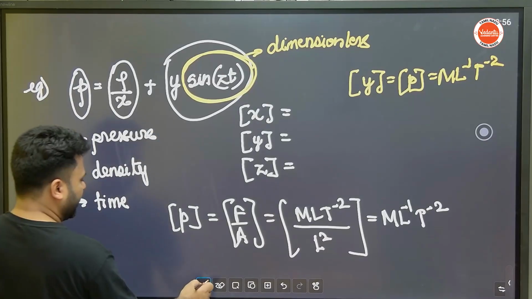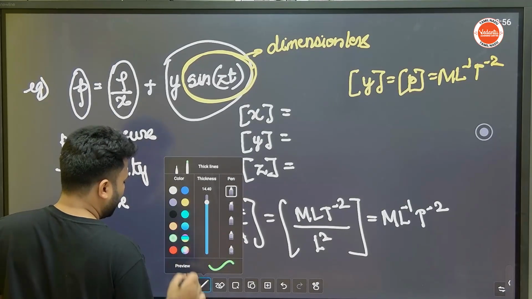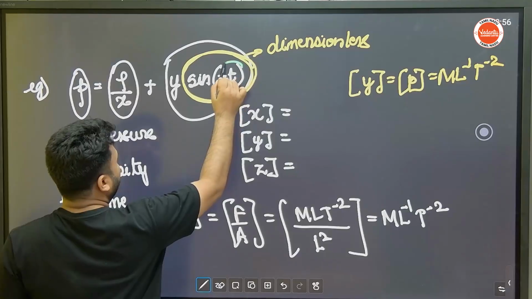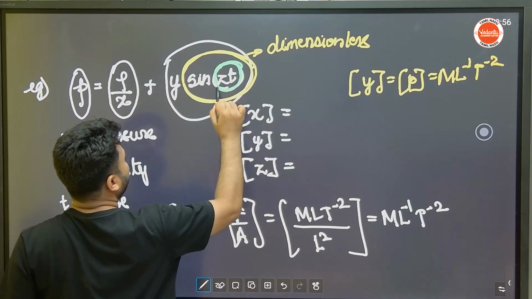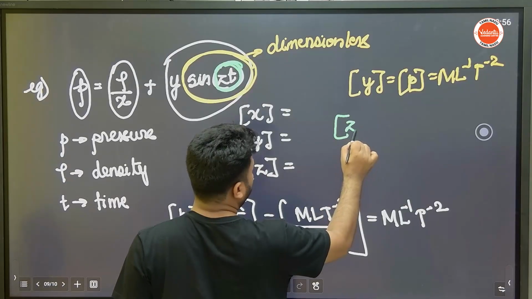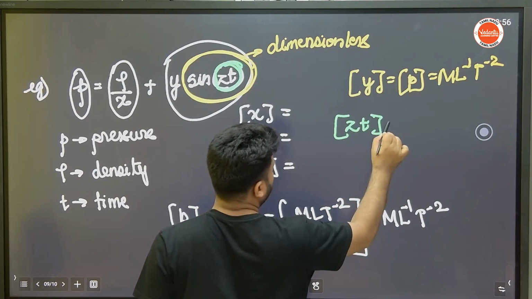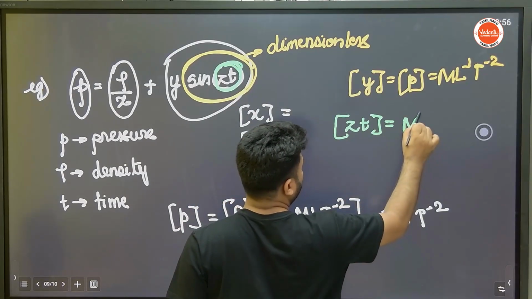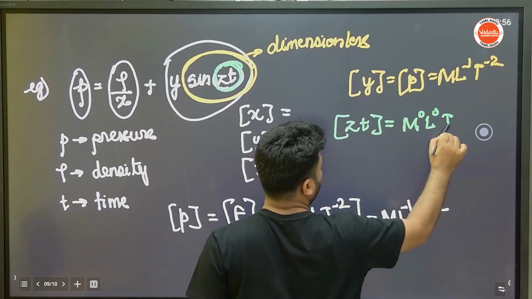Now I told one more thing. This theta is also dimensionless. Means the dimension of Z multiplied by T is dimensionless, M0 L0 T0.